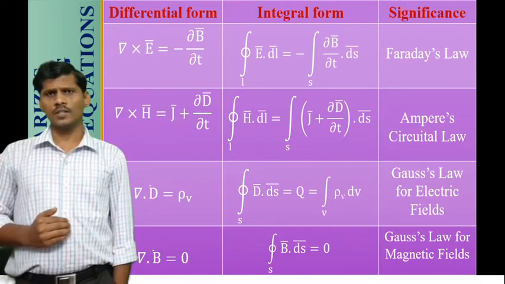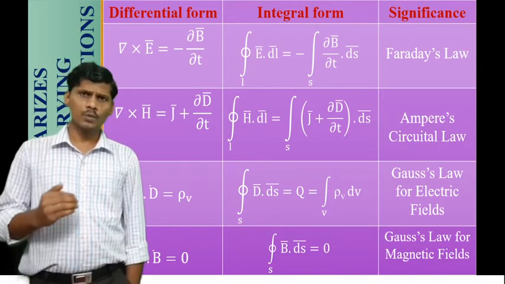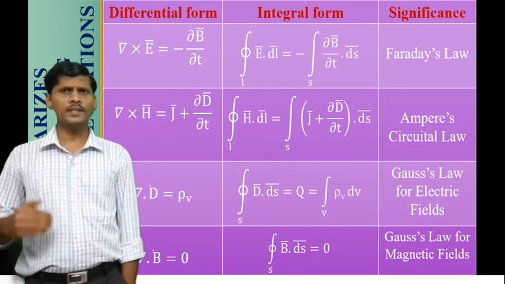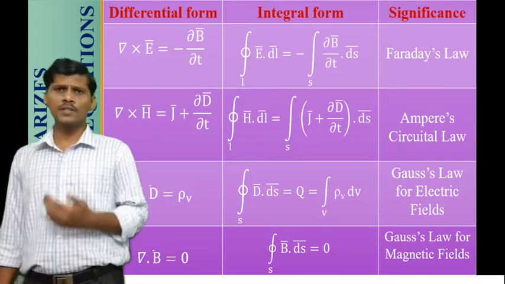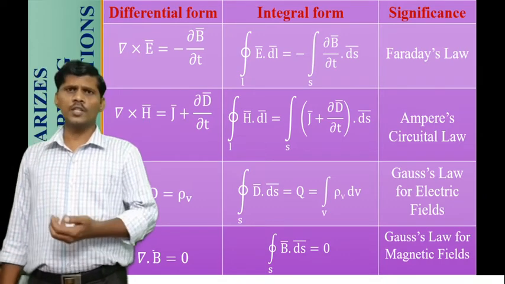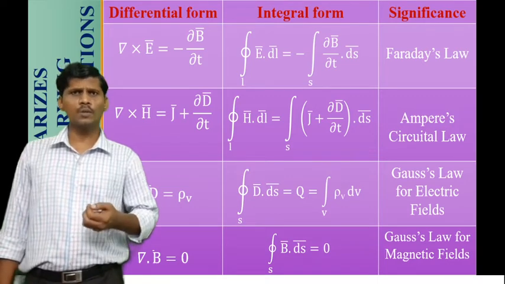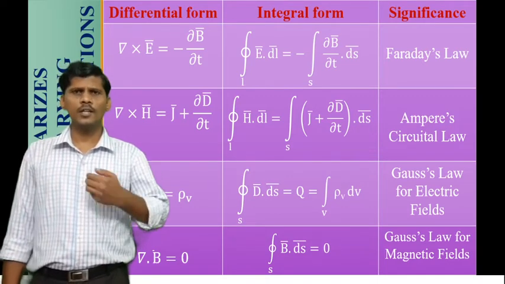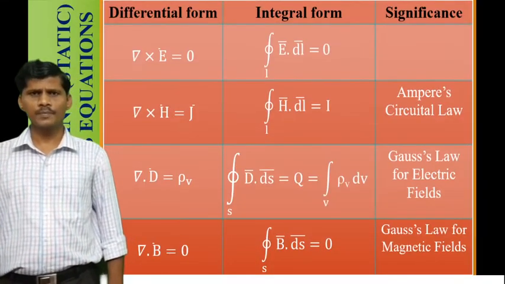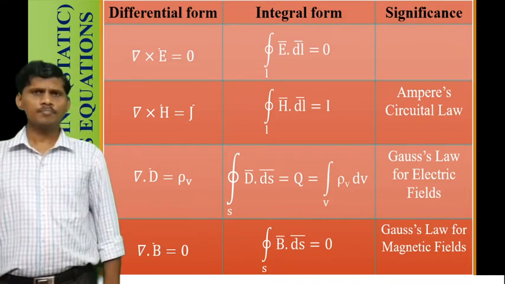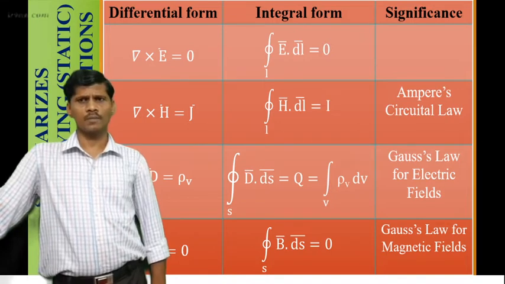If the magnetic flux density is not varying with respect to time, that is dou B bar by dou t is equal to 0, and if the electric flux density is not varying with respect to time, that is dou D bar by dou t is equal to 0, substituting these we get the time invariant Maxwell's equations. See the table of time invariant or static Maxwell's equations, integral form and differential form.